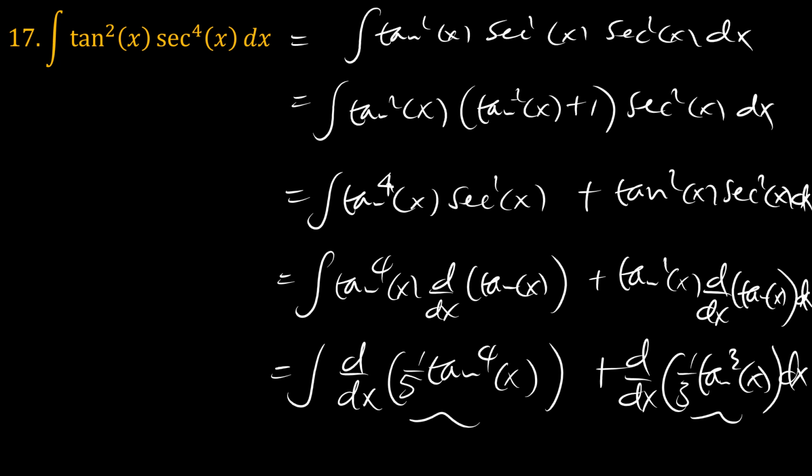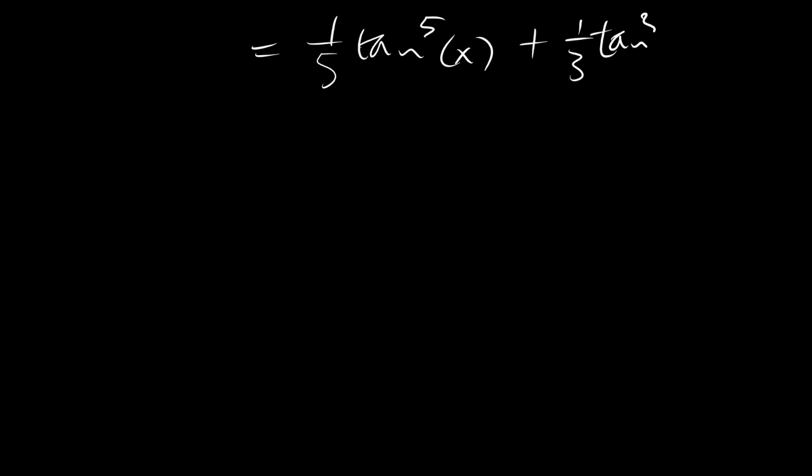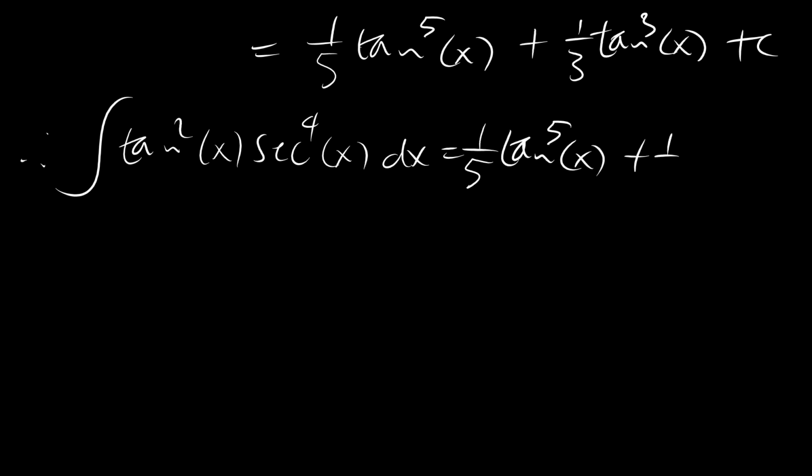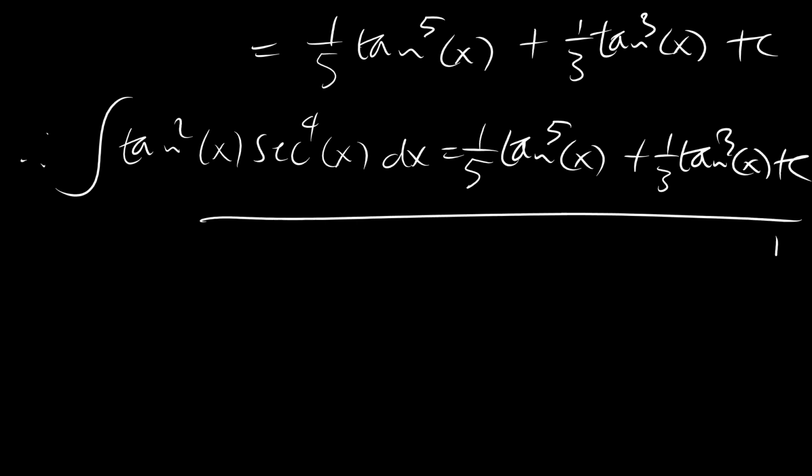So we integrate the derivatives of those functions, we come to a fifth tan to the power 5 of x plus a third tan cubed of x plus c. Therefore, the integral of tan squared of x times sec fourth of x is equal to a fifth tan to the power 5 of x plus a third tan cubed of x plus c. And that there is an answer.